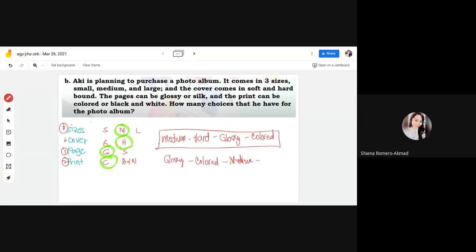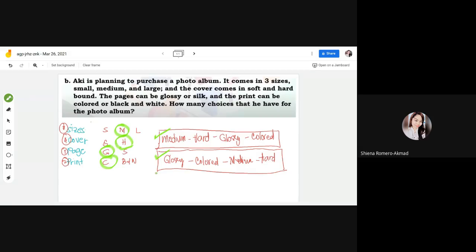At ano pong cover? Siyempre po, ang gusto ko yung hardcover, hardbound. Now, this is another arrangement, right? Panibagong arrangement to. Pero the question here is, is it different from this? Magkaiba ba silang dalawa?